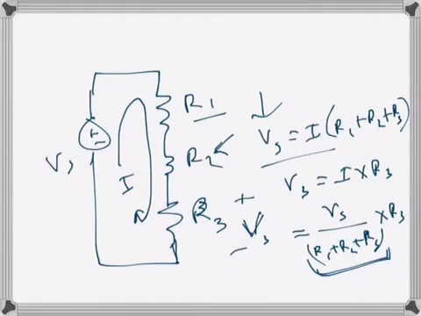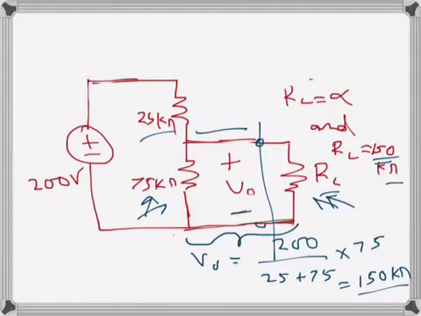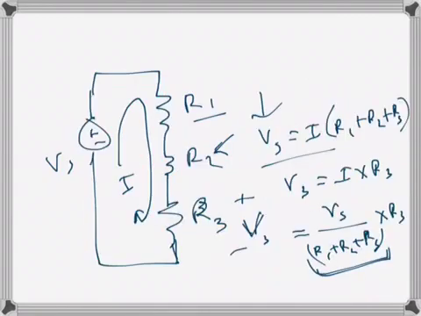Recall that the voltage divider rule is always for a few series elements, because then we have only one current. Here, this current is not this current; it is split into these two currents.